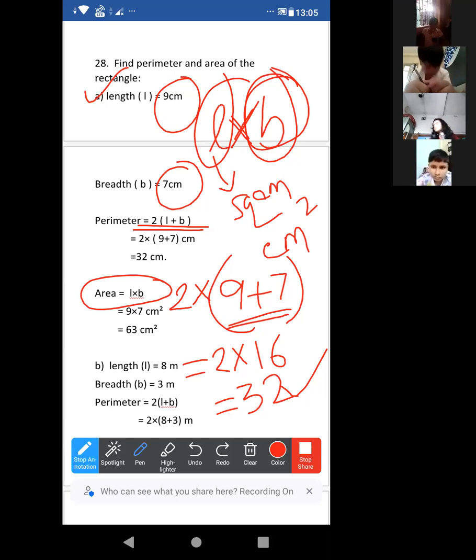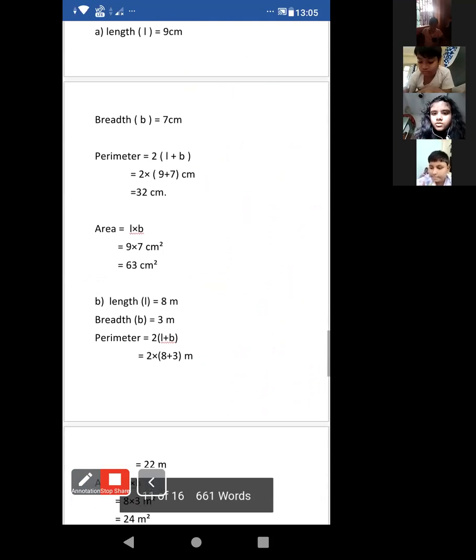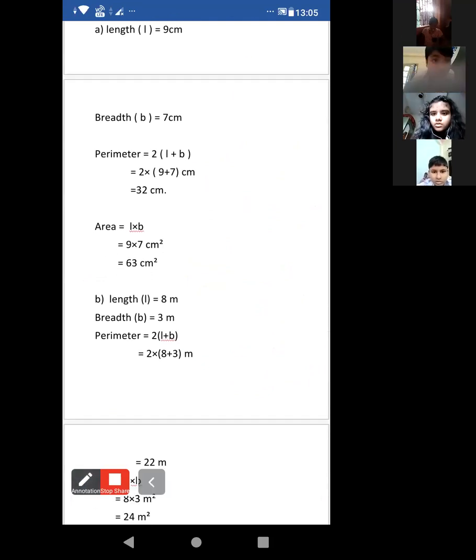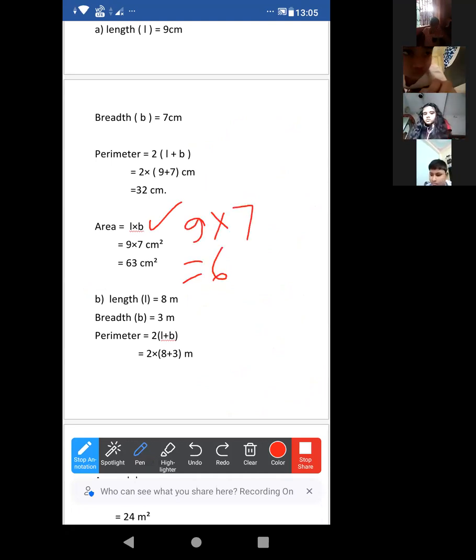Now just complete it first, 28 A and B. Length into breadth, 9 into 7, 63 centimeter square. Don't forget to put the unit. If you forget to put the unit, then I'll deduct marks.